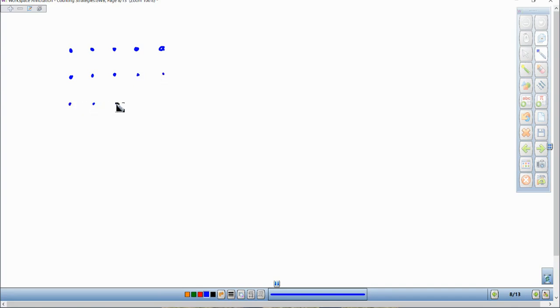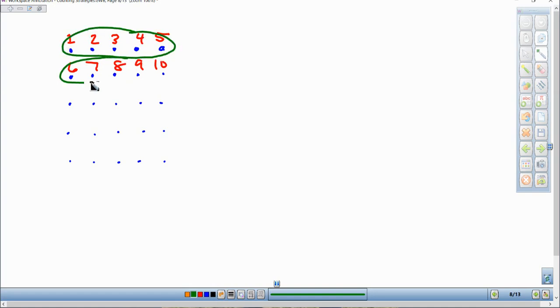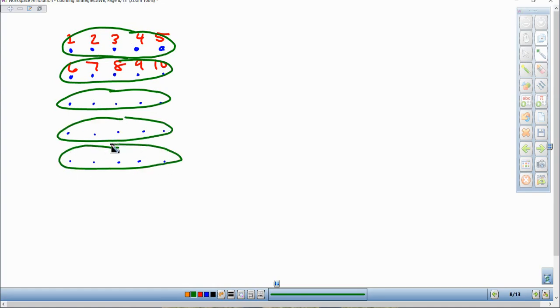Now, this isn't going to be a really large number because I don't want to take the time to draw several hundred dots, but I can do this, and instead of going 1 of these, 2 of these, 3 of these, 4 of these, 5 of these, 6 of these, 7 of these, 8 of these, 9 of these, 10 of these, we've learned that we can use a multiplication strategy, which says, oh, well, there are 5 of them here, and there's another 5 of them here, and another 5, and another 5, and another 5. And really, we're doing 5 plus 5 plus 5 plus 5 plus 5.